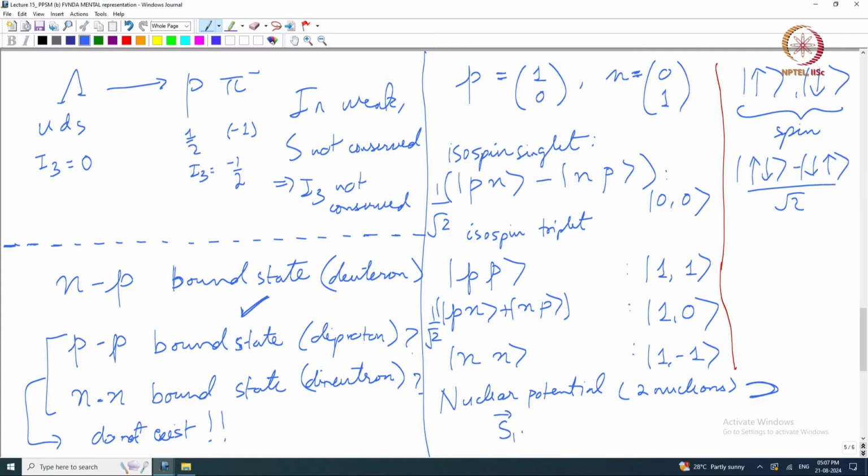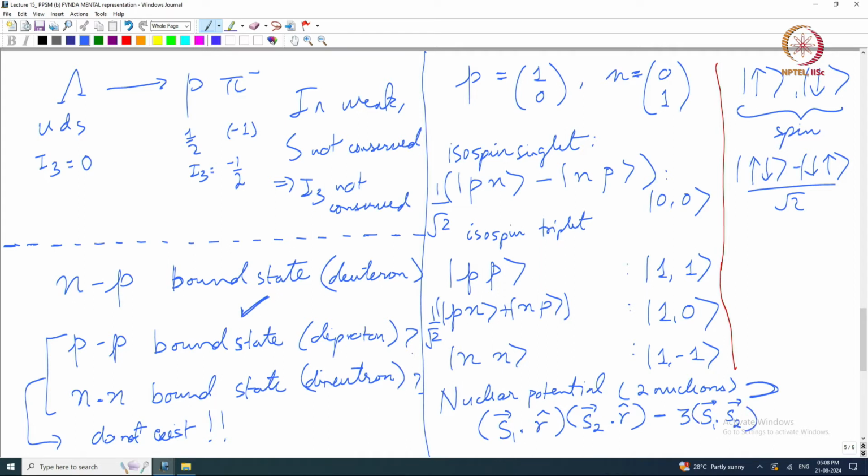So, it is the spin of the first nucleon dot r and the spin of the second nucleon dot r, where r is the radial coordinate, right, obviously, but more important for us is there is a minus, and that minus is very important, okay, 3 times S1 dot S2.